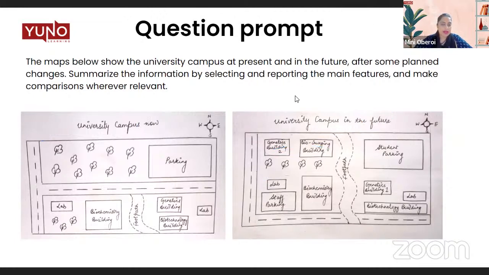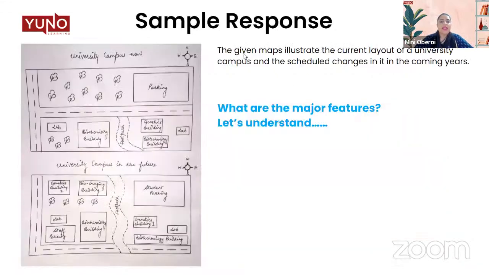So in the first paragraph, we simply have to notify what is given to us, what is the visual input that is given to us, and then what is the timeline. That is something which we must address. So the given maps illustrate the current layout of a university campus and the scheduled changes in the coming years, right?